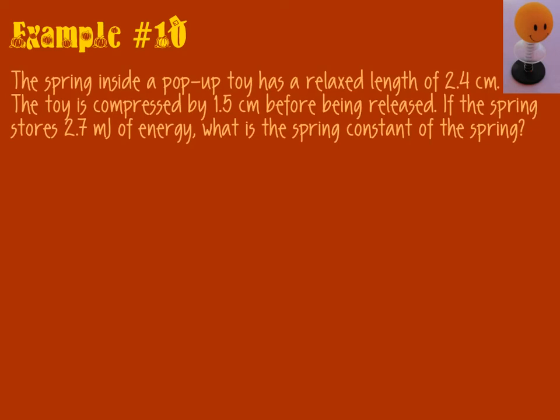Okay, it's important to pay attention to some of those units in here as we're doing this. We know that we're dealing with elastic potential energy. So U sub s equals 1/2 kx squared. The thing we're looking for is that spring constant. So I'm going to solve my equation for that variable. And I'll do so by first multiplying both sides by 2.